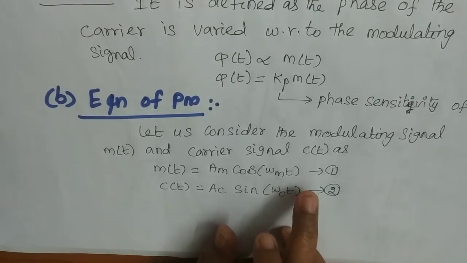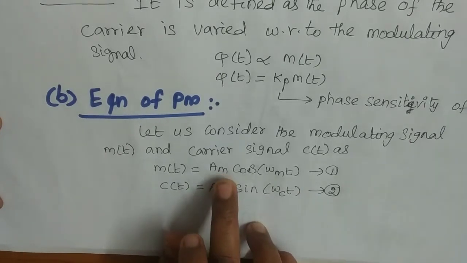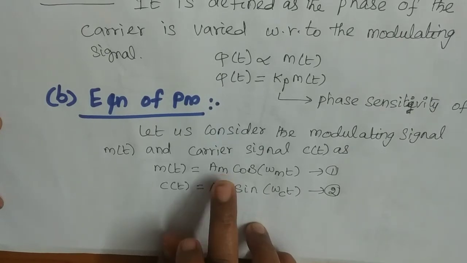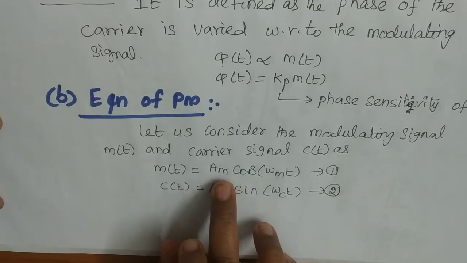In some books they may use Vm instead of Am. So this is nothing but the amplitude of the modulating signal. Both Am and Vm may be the same. Simply it is the amplitude of the modulating signal.